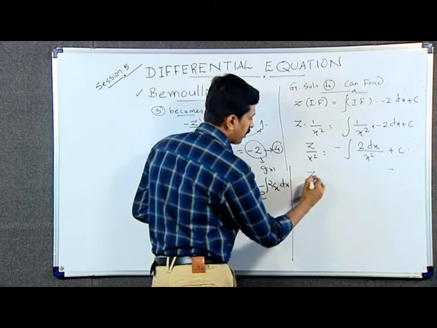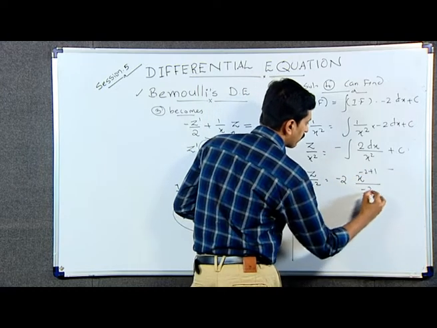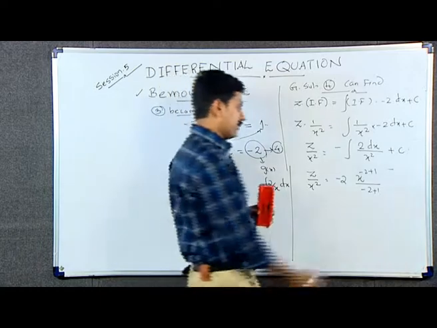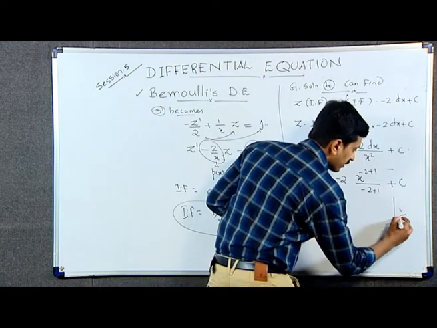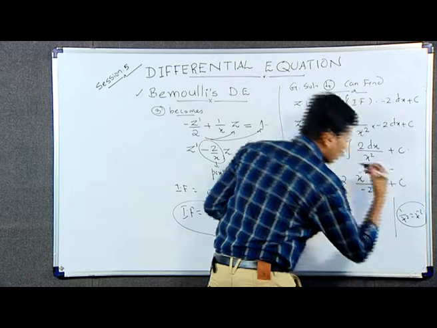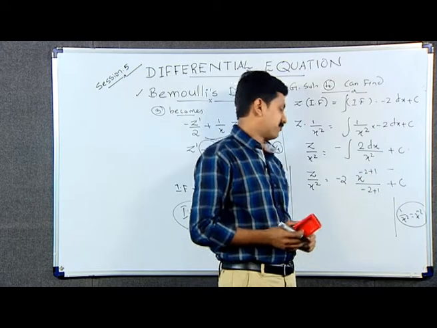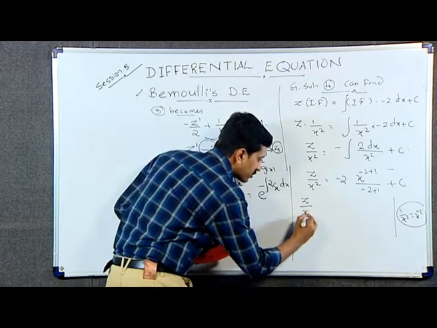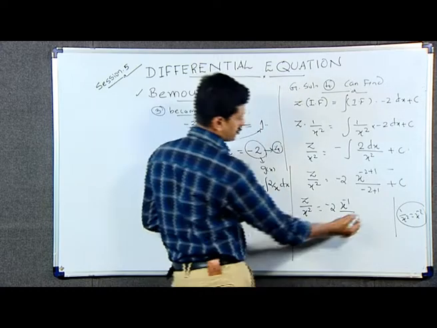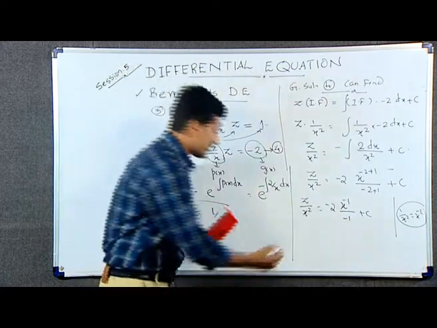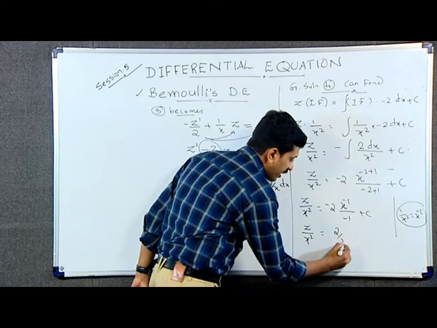See what will happen, z divided by x square is equal to minus 2 x raised to minus 2 plus 1 divided by minus 2 plus 1, plus c. We can treat 1 by x square as x raised to minus 2. The integral of x raised to n is equal to x raised to n plus 1 divided by n plus 1. Therefore, z divided by x square is equal to minus 2 x raised to minus 1 divided by minus 1 plus c. Therefore, z divided by x square is equal to 2 by x plus c.